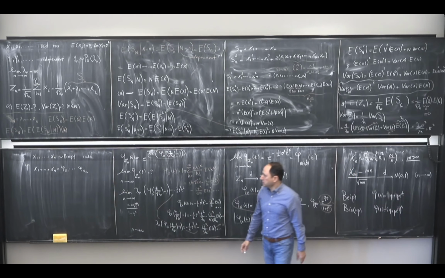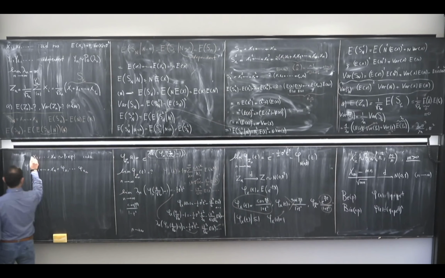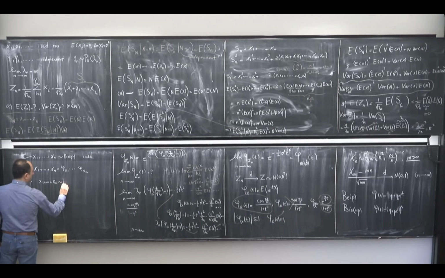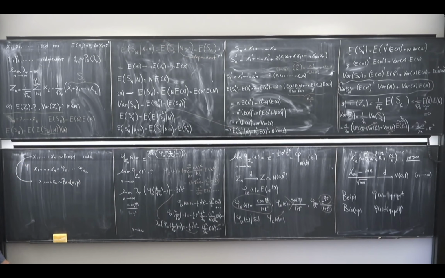So X1 plus up to Xn is binomial with n and p. So if I have independent, identically distributed Bernoulli random variables and I add them, the distribution becomes this. This should be a matter of seconds. If I give you that information, you need to understand it very quickly.